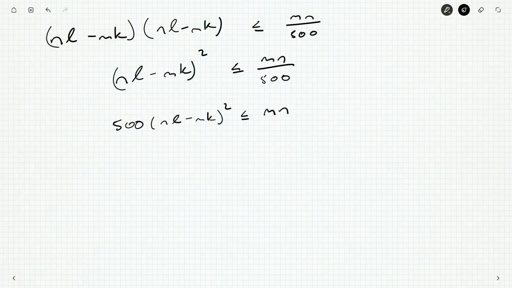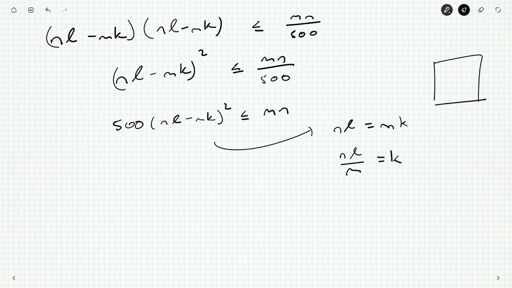Okay, now, the smallest possible square I could have other than 0, and I'd only get 0 if nL were equal to mk, that is to say, nL over m was equal to k, and that's not going to be allowed because then I'd be entering in... I'd be hitting this L, and then I'd be leaving at this k. No, that's allowed. Wait, what?